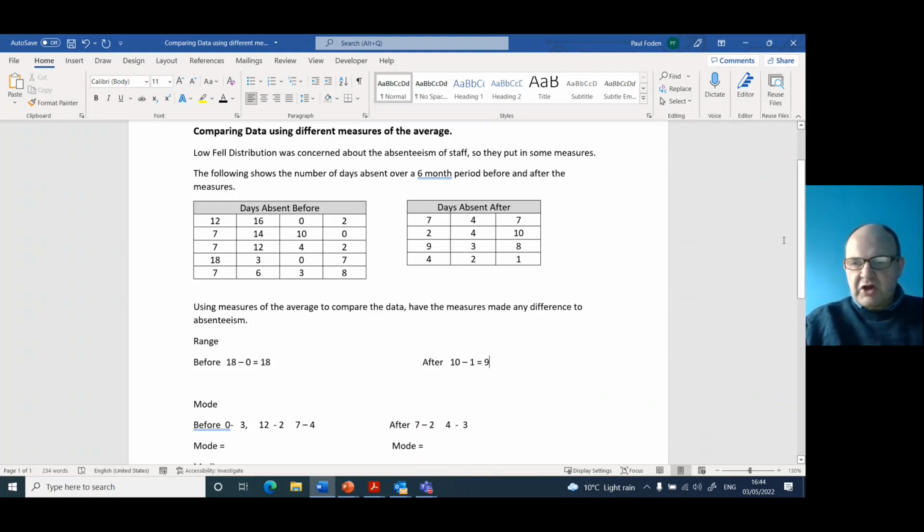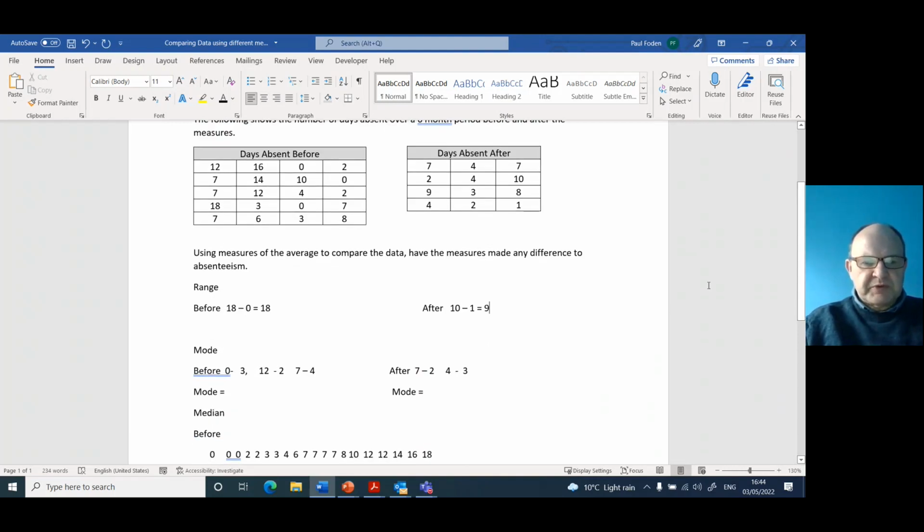happening as well. Our mode, our most popular. If I look through this list here, on the first one I've got 1, 2, 3 zeros before. I wonder if that's the highest. With 12, I've got 1, 2. With 7, I've got 1, 2, 3, 4. And I can't see any more that are bigger than that.